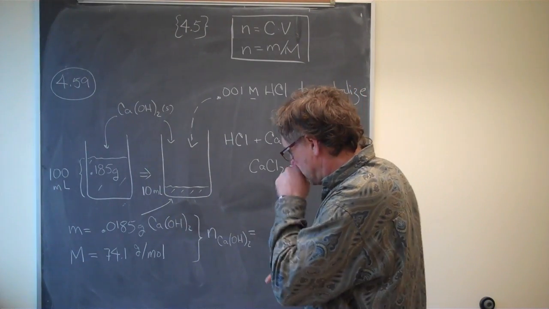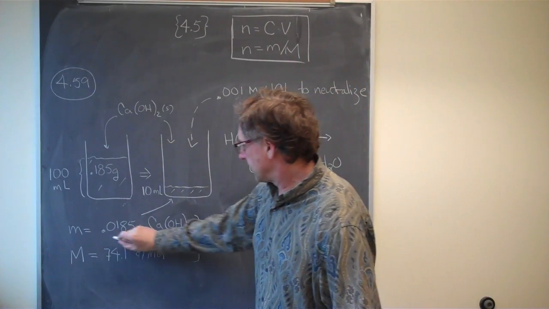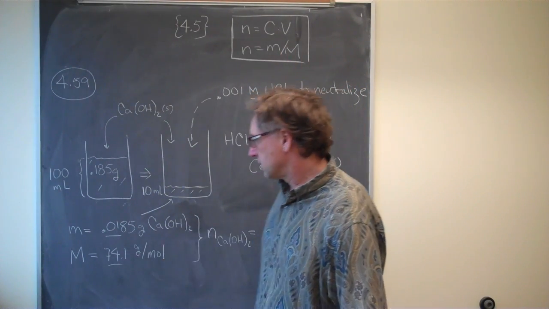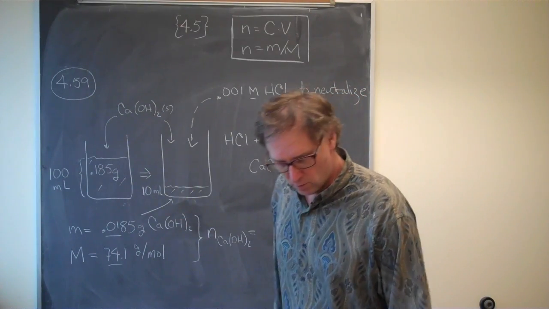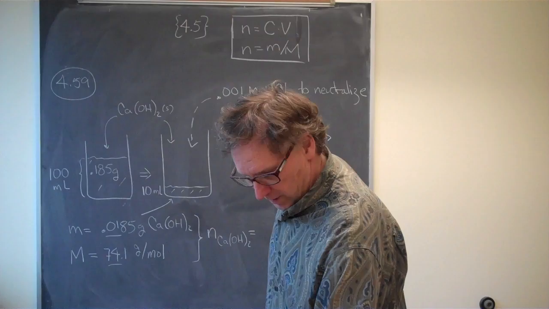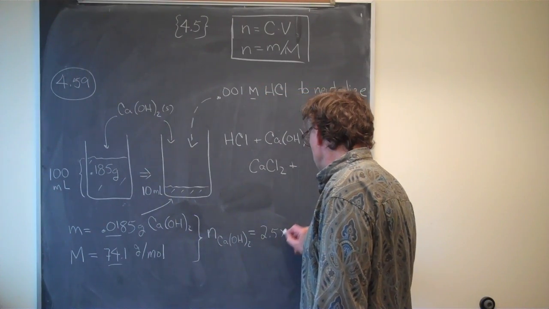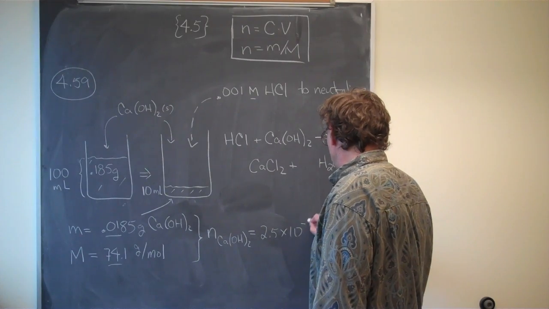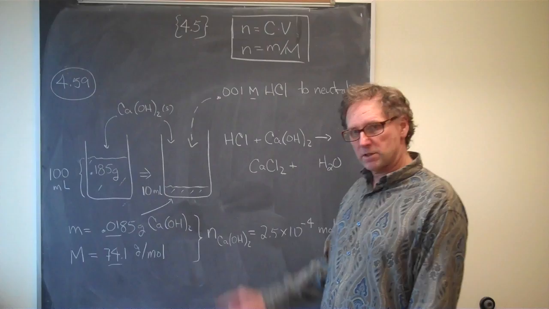Okay, that's pretty straightforward. N is equal to mass divided by the molar mass: 0.0185 divided by 74, and I've already calculated that. That's 2.5 times 10 to the minus 4 moles of calcium hydroxide.